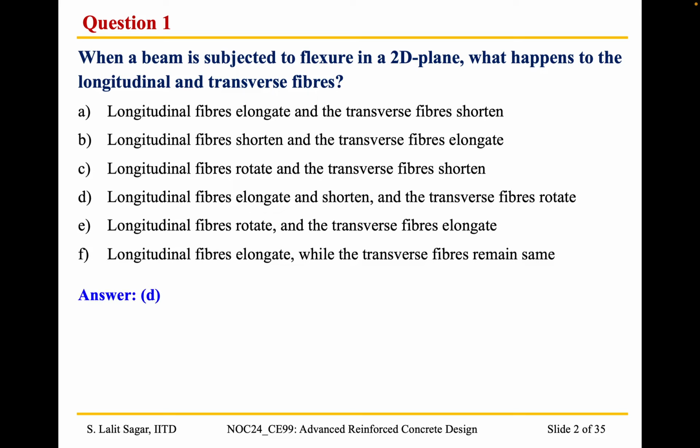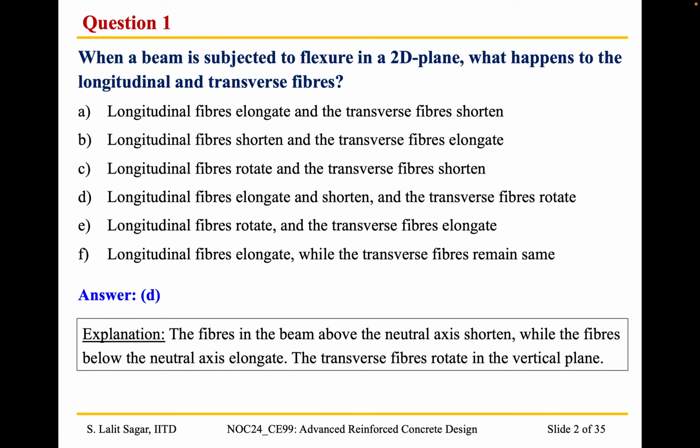The answer is D. Depending on the location of the fiber in the cross section, when we consider a sagging bending moment, the fibers above the neutral axis shorten and the fibers below the neutral axis elongate, and the transverse fibers rotate in the vertical plane.